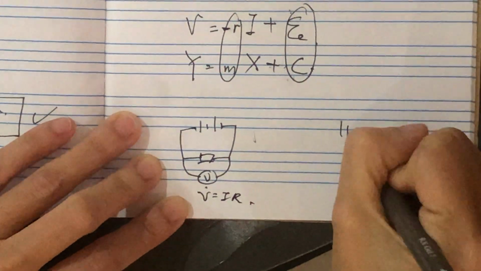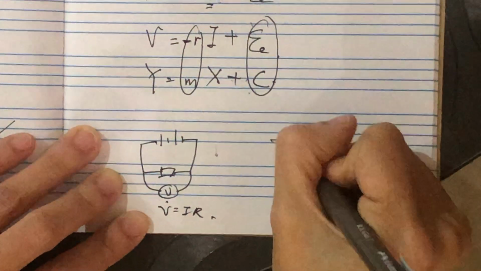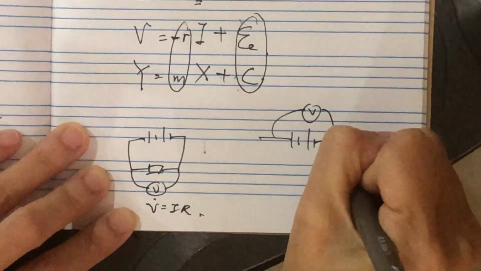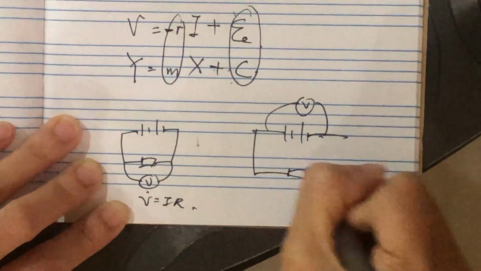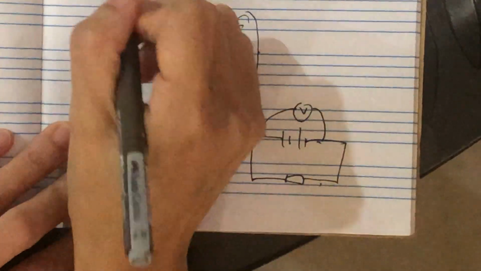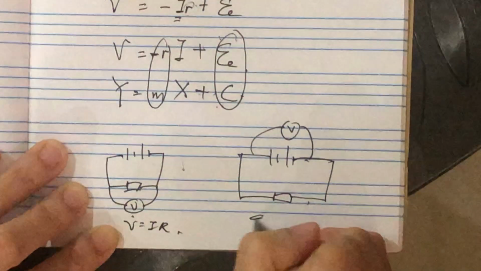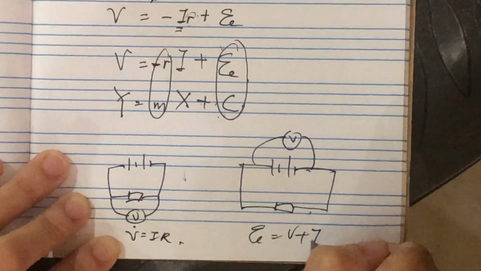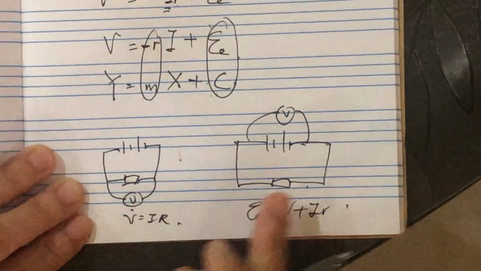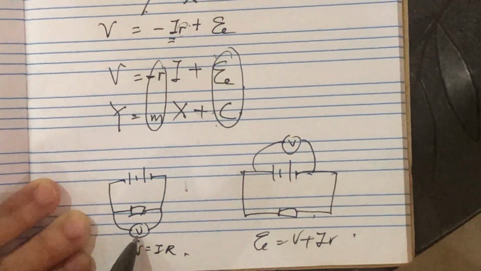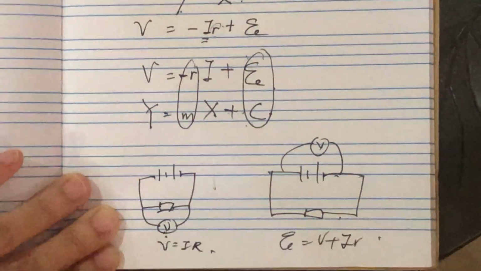If you see the voltmeter connected over here, then you know we are going to use this: V equals E plus IR. We have two different circuits here. Look at the position where the voltmeter is connected.